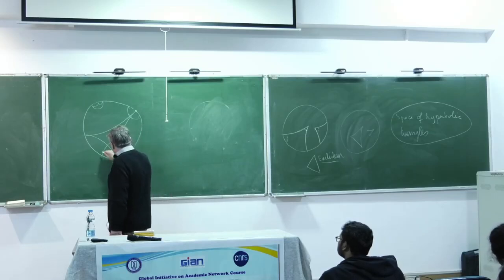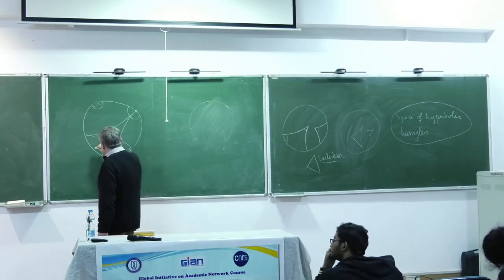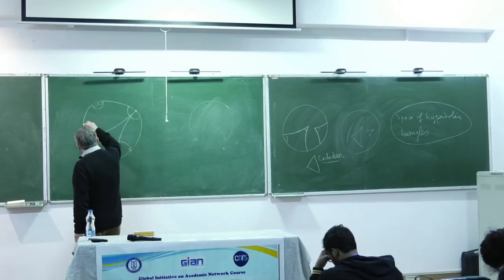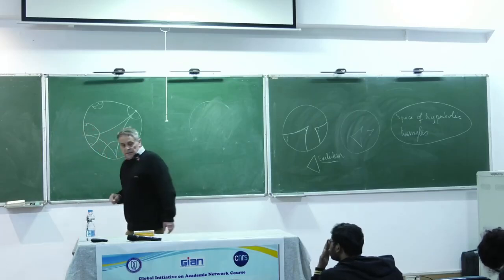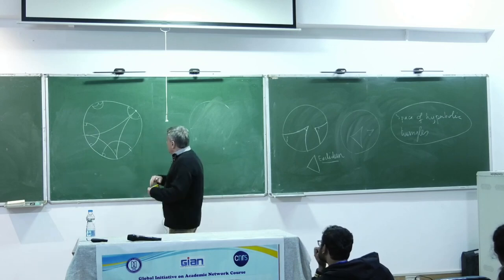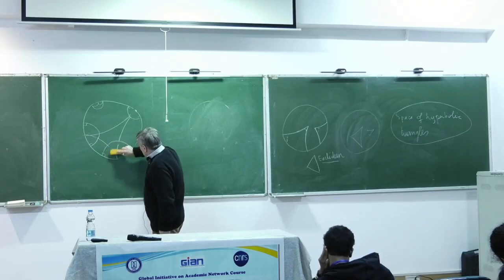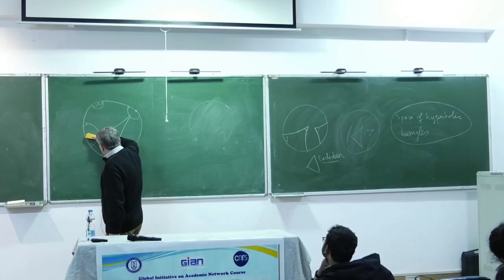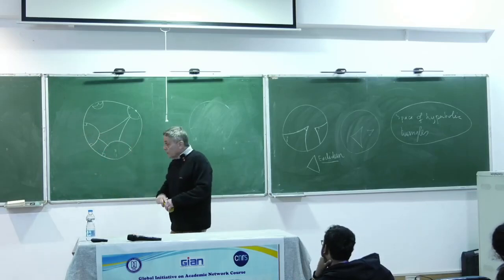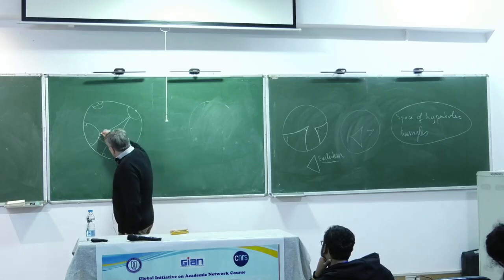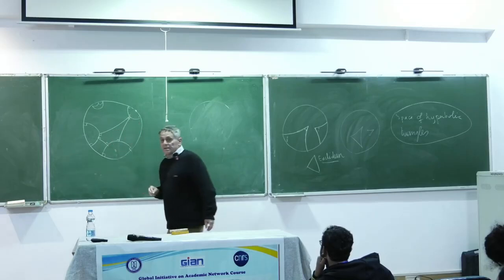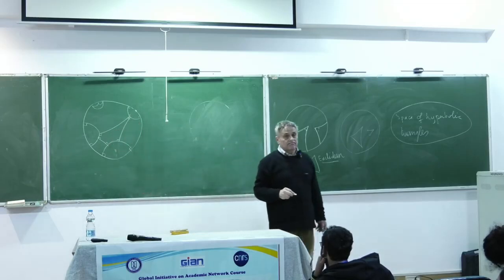I can do this for every one of these triangles. And I can forget now about the pieces which are outside my 3 new geodesics. 1, 2. Okay. So what I get here is a quadrilateral with 6 right angles.